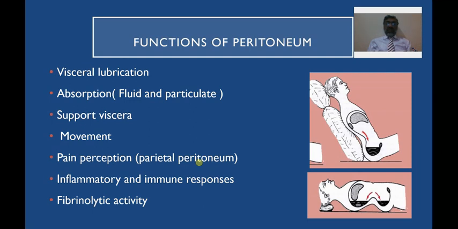The fifth function is to allow pain perception, which is a function of the parietal peritoneum. That's how our patient can feel pain. It also has a role in various inflammatory and immune responses which involve the peritoneal cavity. Then the last function of the peritoneum is fibrinolytic activity.